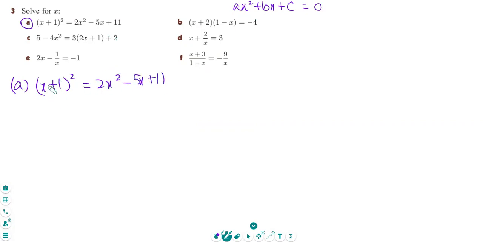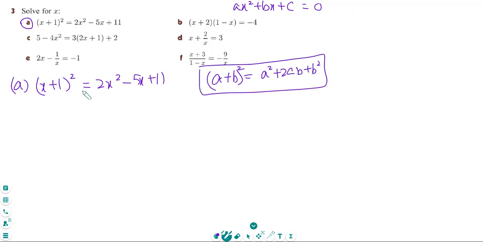Okay, so we'll be doing expansion of this x plus 1 whole square. And we can use the algebraic identity, which is a plus b whole square, right? A plus b whole square is equal to a square plus 2ab plus b square. So this identity can be used to expand this x plus 1 whole square, or even you can do x plus 1 times x plus 1.